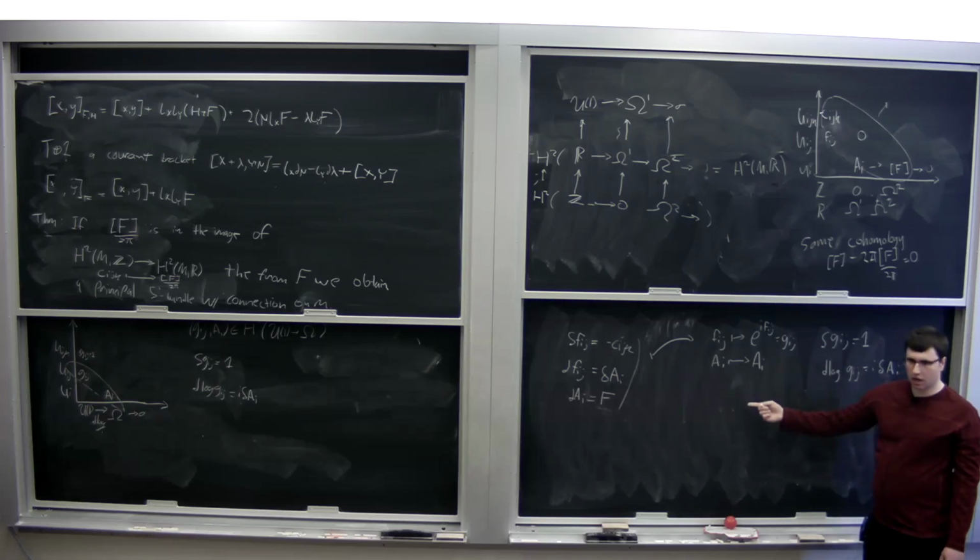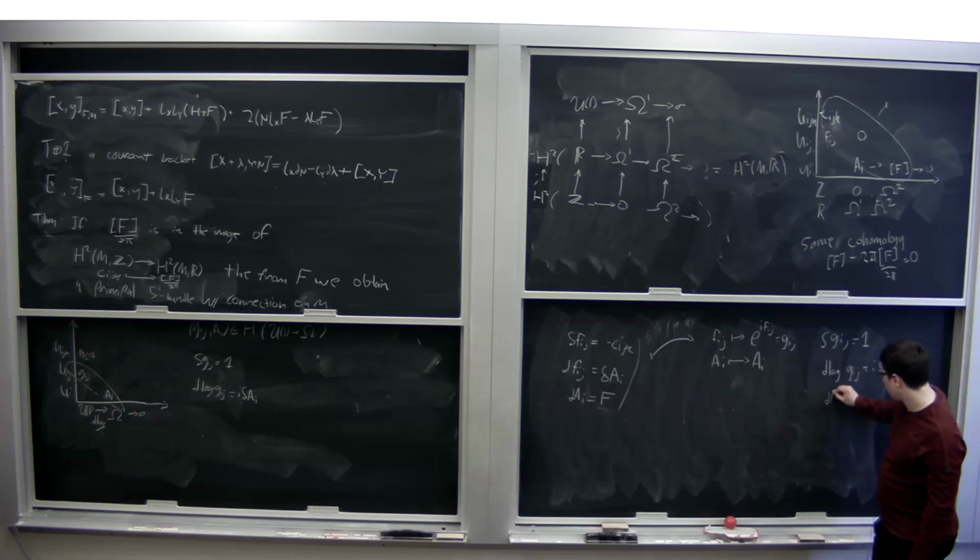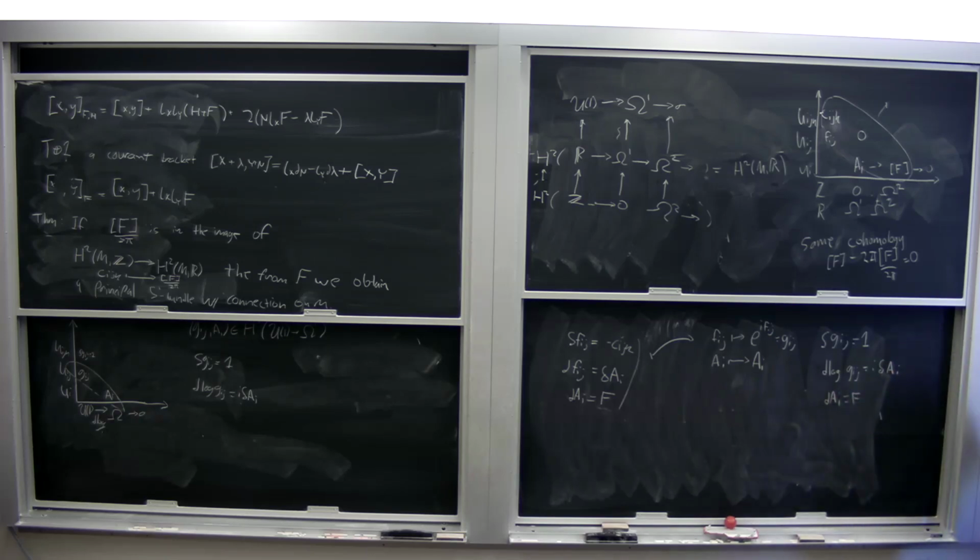And the curvature of this connection is what? Well, d of A_i is equal to F. So we started with the closed 2 form, and we produced a principal S1 bundle with connection whose curvature is the closed 2 form. Okay. Any questions about this?